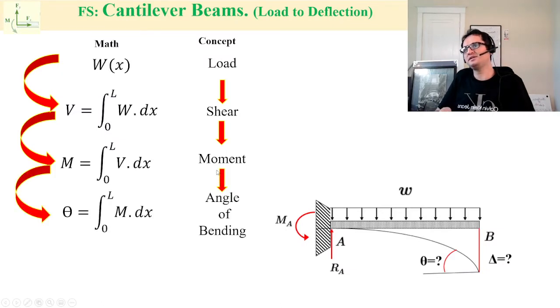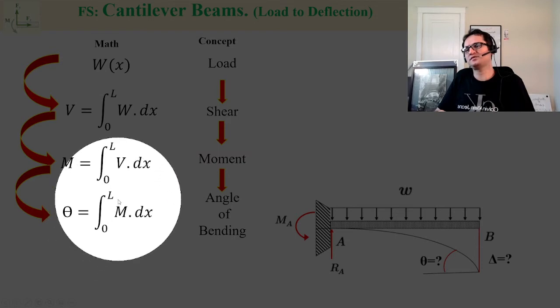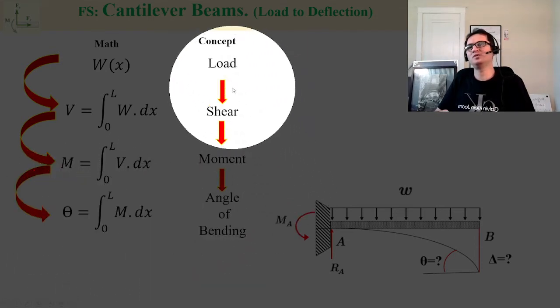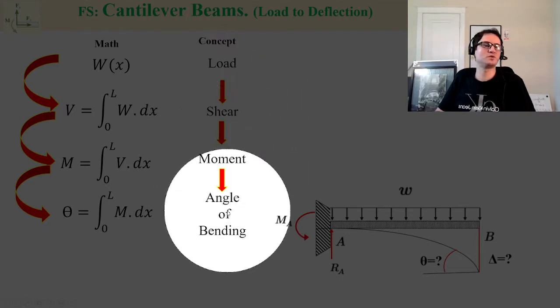By the third integration, if you integrate the area under the moment from 0 to L dx, it gives you the slope. So load goes to shear, goes to moment, goes to angle of bending.